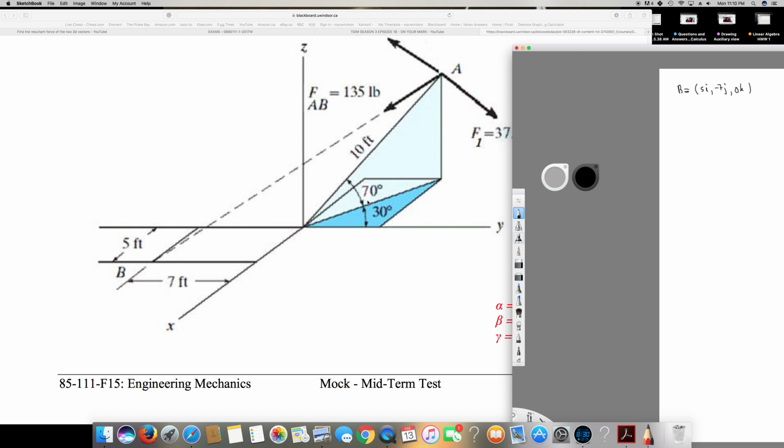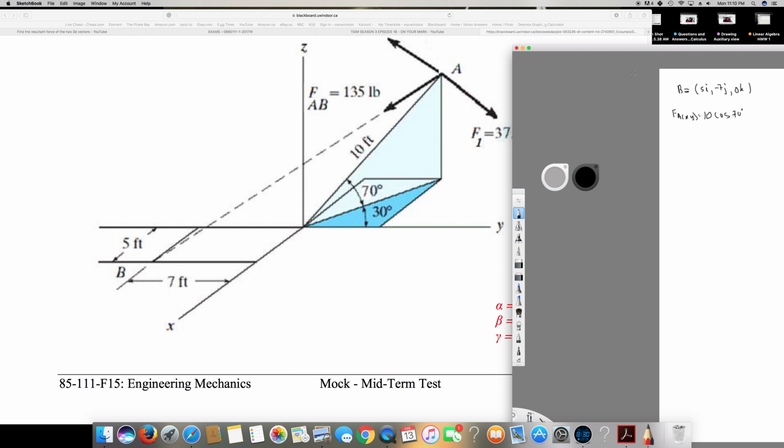So 10 cos 70 is my F_A in the XY plane, 10 cos 70 degrees.